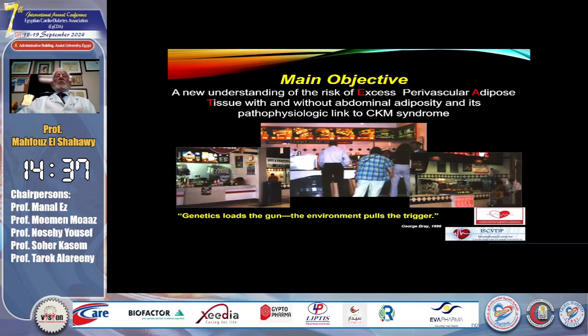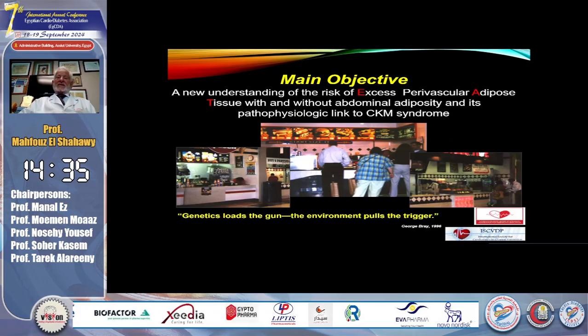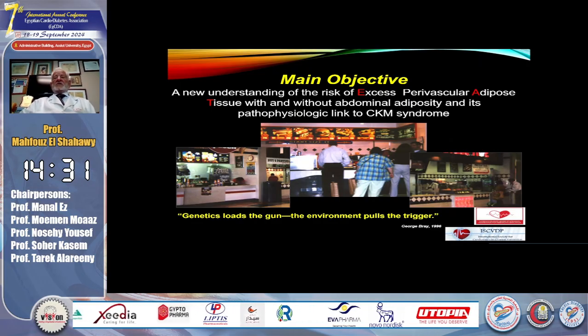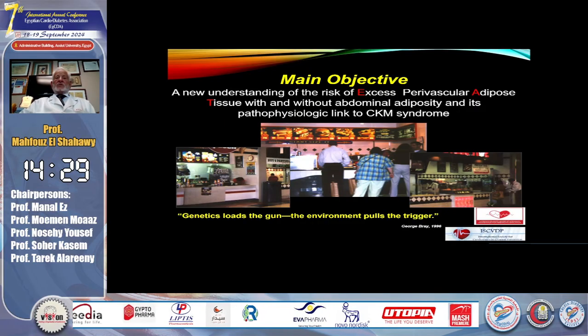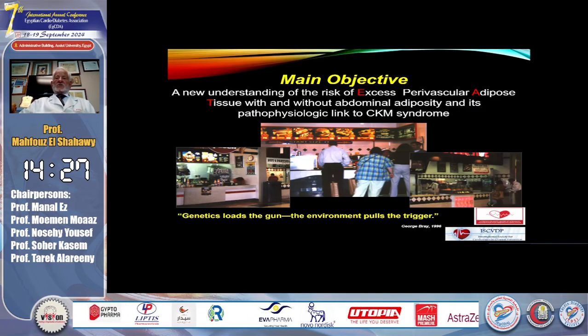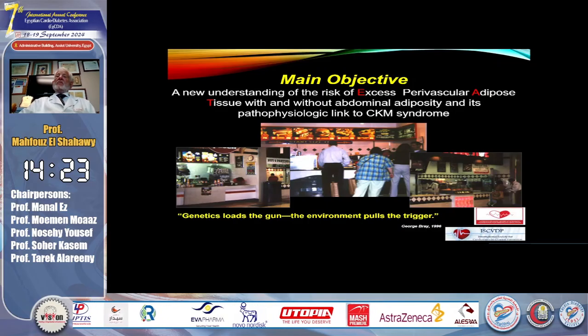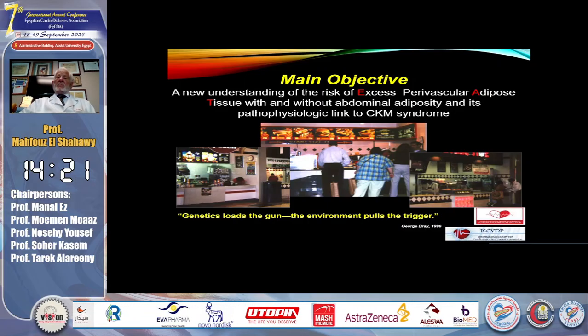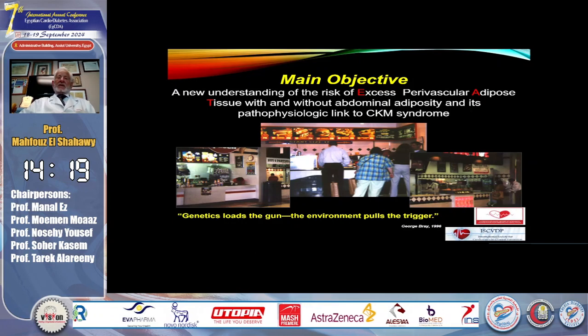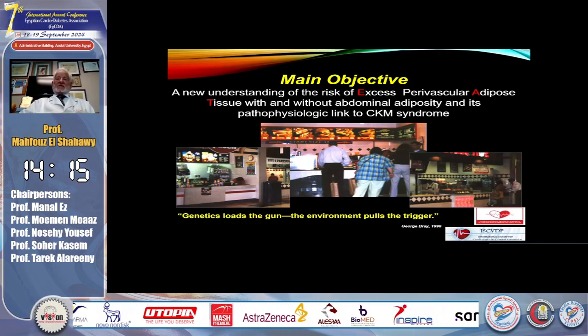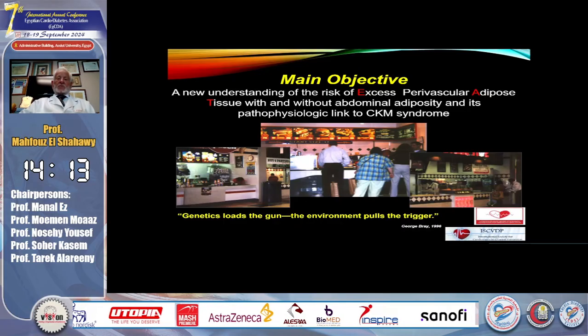Now, the main objective is to understand the risk of excess perivascular adipose tissue, with and without abdominal adiposity, and its pathophysiological link to the cardio-kidney metabolic syndrome. As you might see, the word EAT may be very appropriate: excess perivascular adipose tissue.